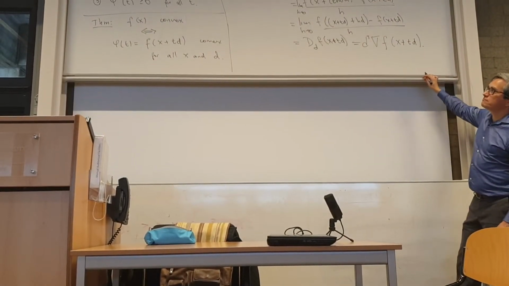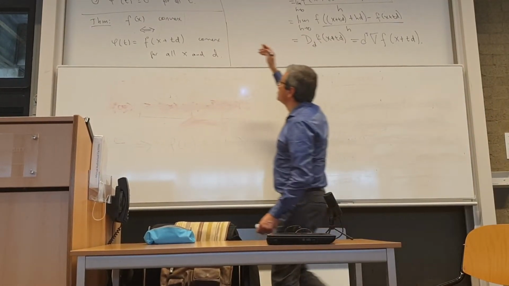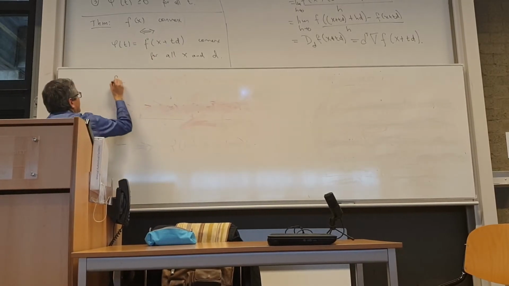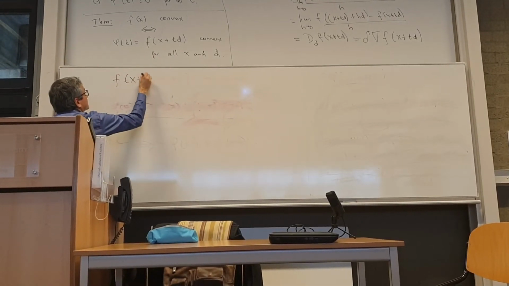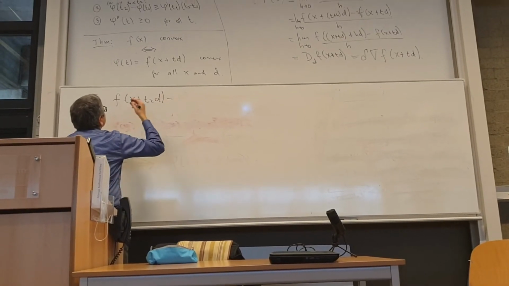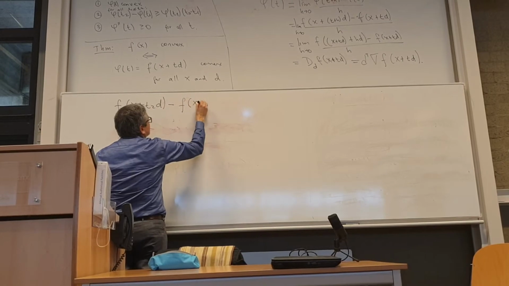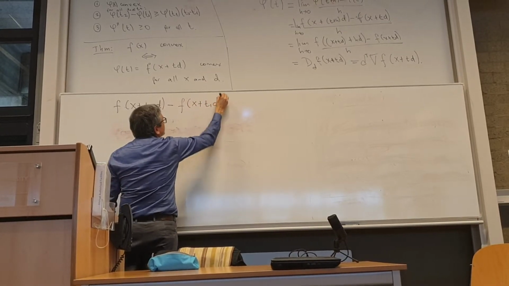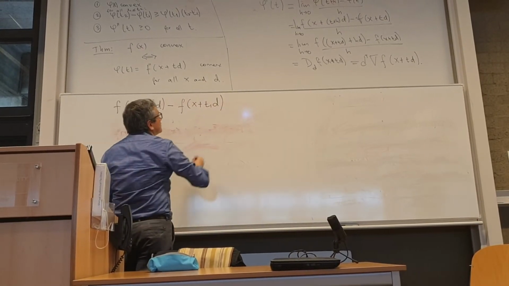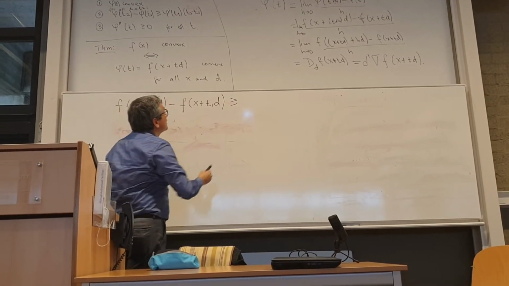So now let's plug in. We say phi of t2, so we just replace, f of x plus t2d minus phi of t1, f of x plus t1d, is going to be greater or equal than phi prime of t1.